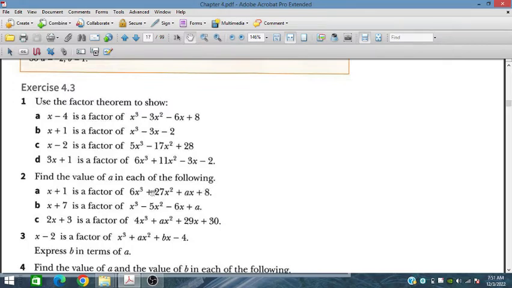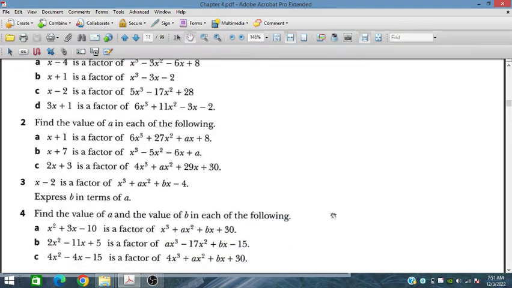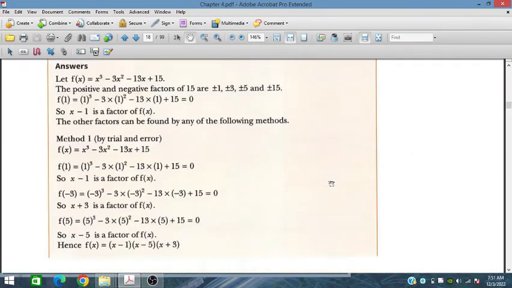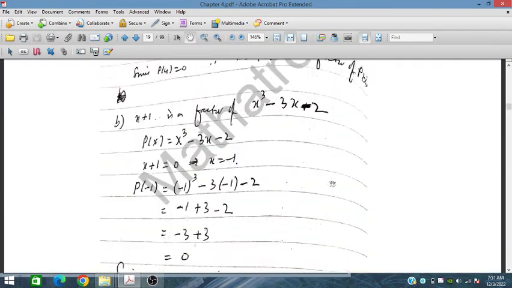So if this is a factor, then if we place x is equal to minus 1 in this polynomial, this will give a 0 remainder. So using this approach, we solve this one.